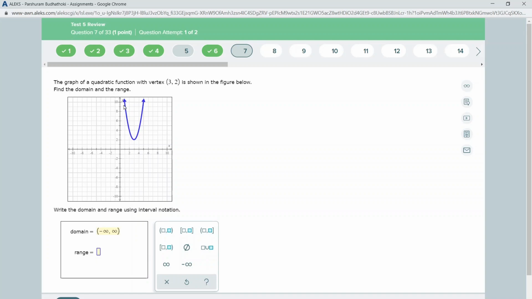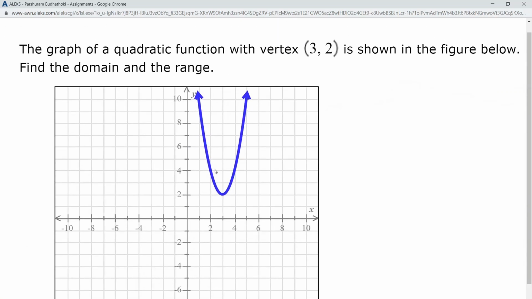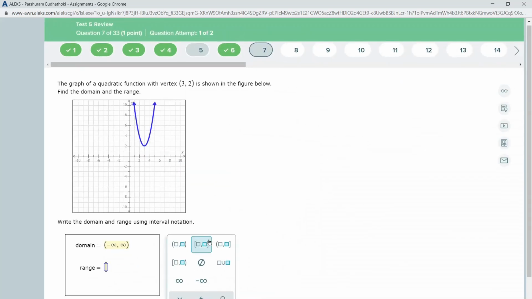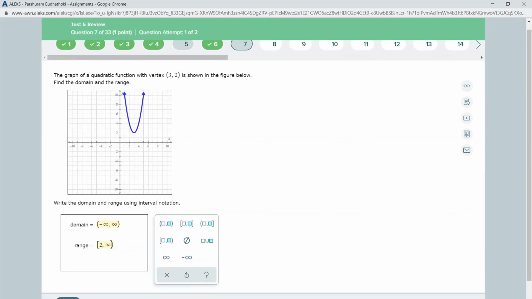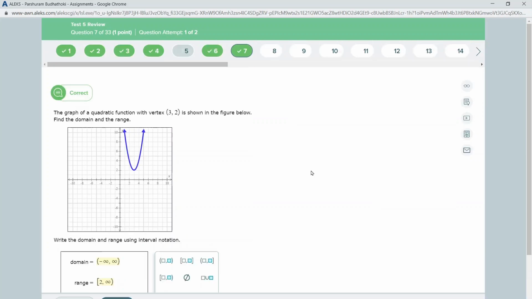A range always comes from the y value. As you can see, this graph is starting at 2 and going up. So the range would be starting at 2 and it will go up and up and up, so you have to put infinity there. Remember, if you are trying to find the range for a parabola, you need to use the vertex.